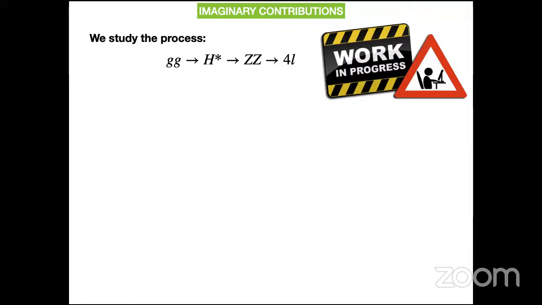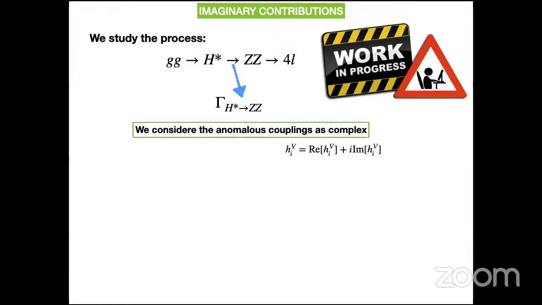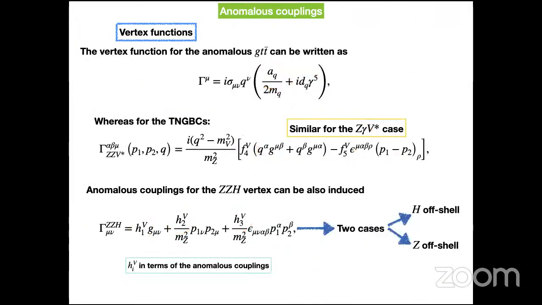So we're interested in this process. At some point in this process, you need to calculate the partial width of the off-shell boson decaying into two real Z bosons. Again, I want to study the contribution of the imaginary parts, and we consider the anomalous couplings. As I explained at the beginning, we can parameterize the anomalous coupling in this form.